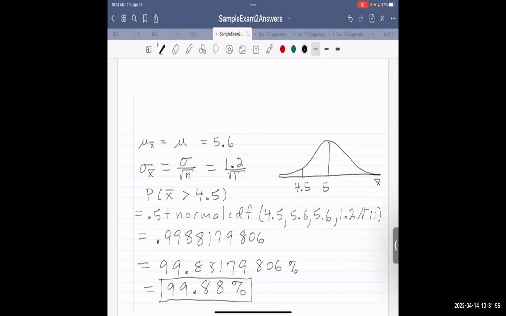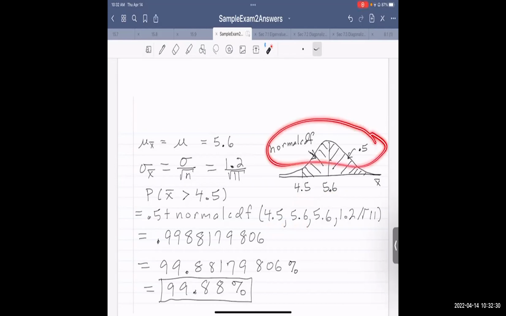The mean is 5.6, so the area greater than 5.6 by symmetry is 0.5. Let's use normal CDF to find the area from 4.5 to 5.6. When I add to that 0.5, that will give me this total area.